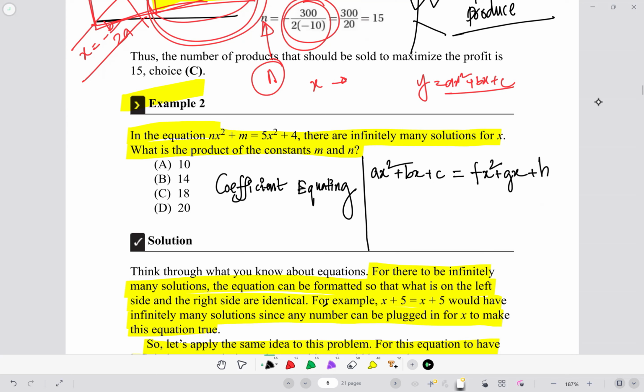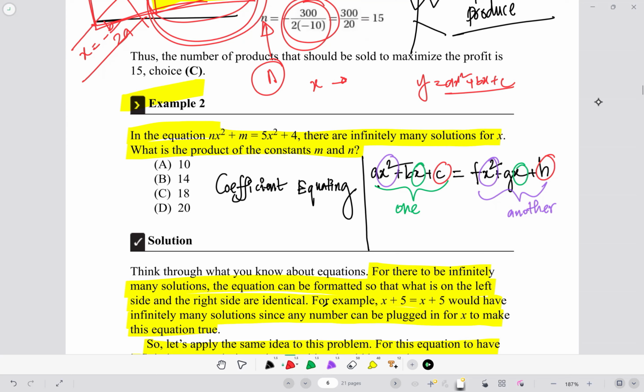This is one equation, and this is another equation. We have x squared and also x squared, we have x and also x, and we have c and also h, the constants.